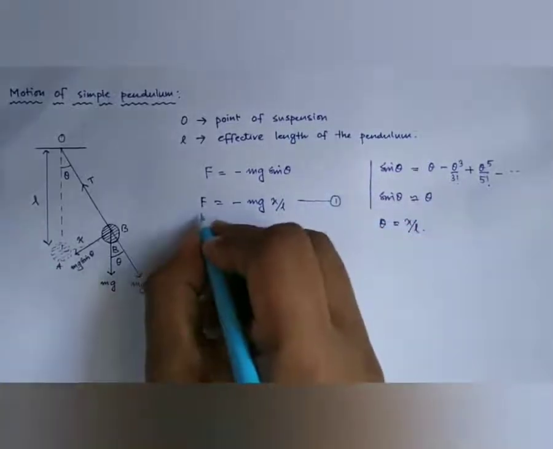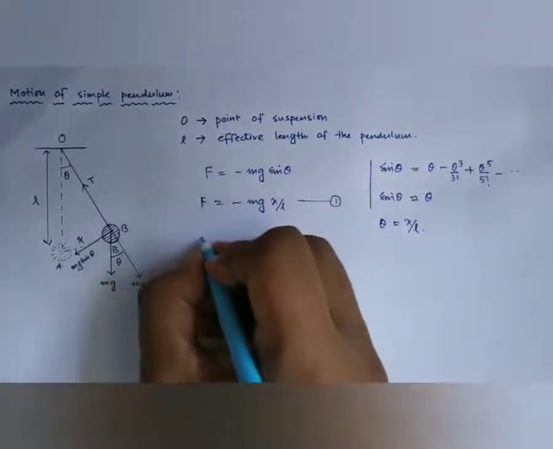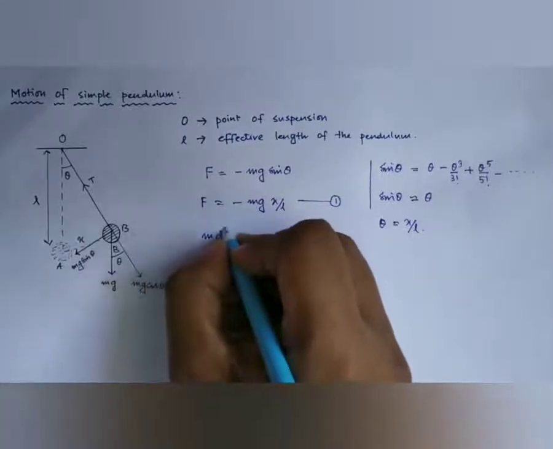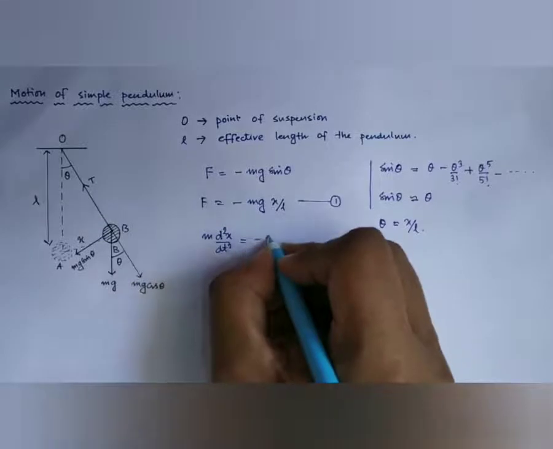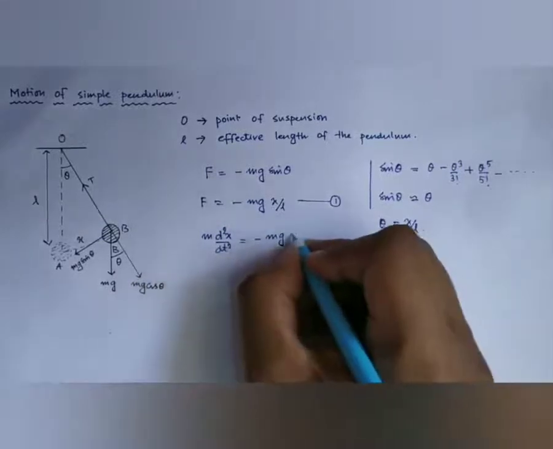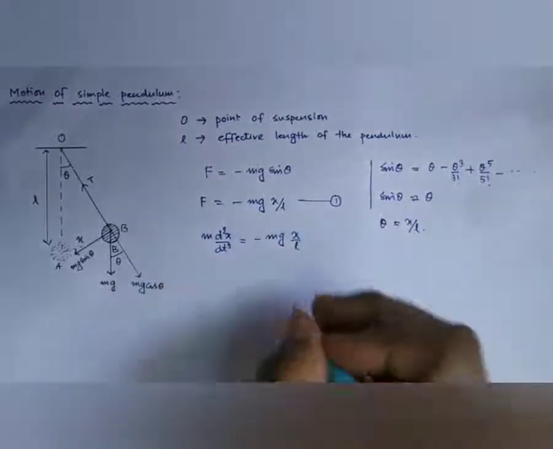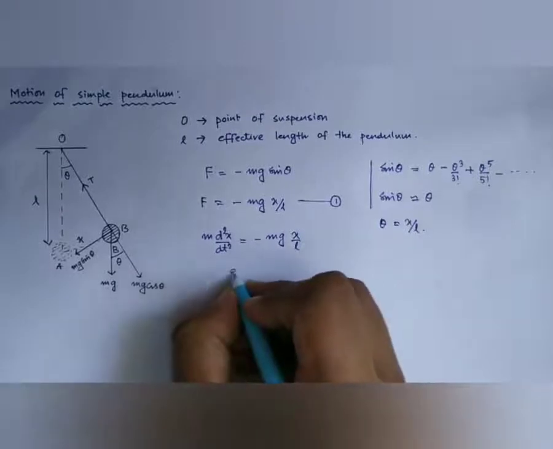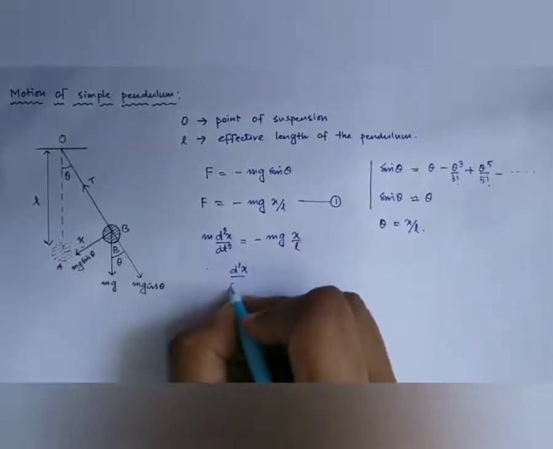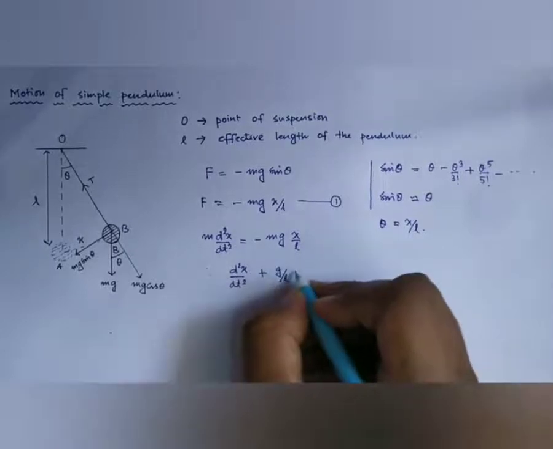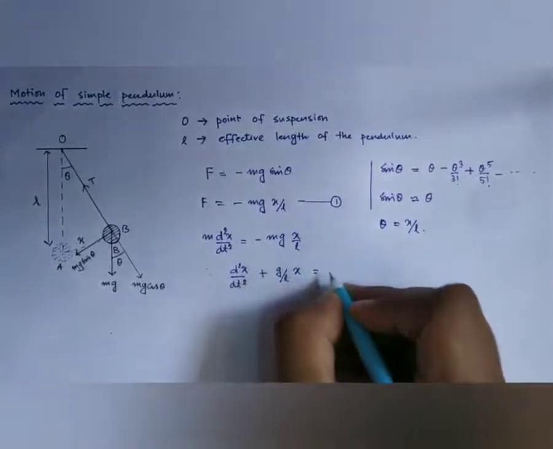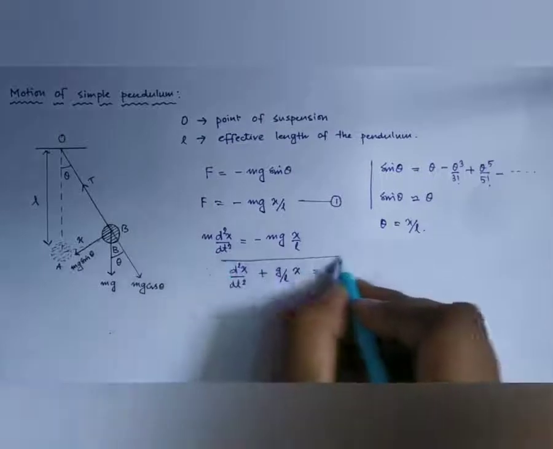Now the force, from Newton's second law, is m d2x/dt2, that is the mass into acceleration. This is equal to minus mgx by L. So d2x/dt2 plus g by L x is equal to 0.